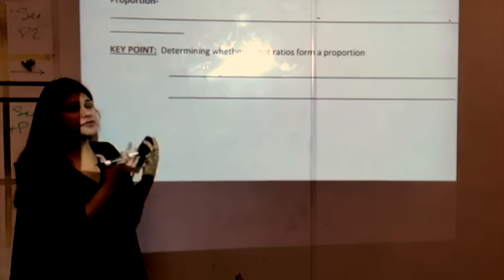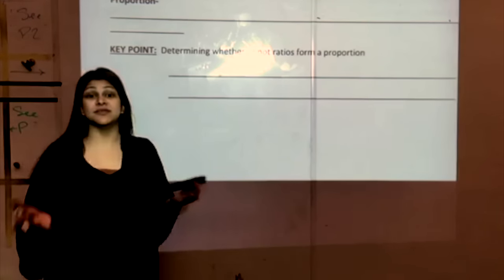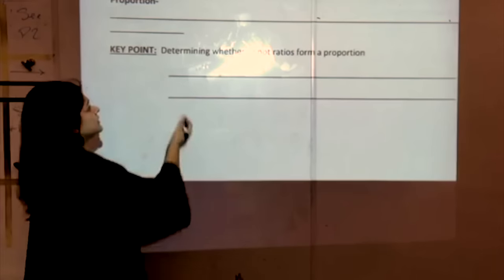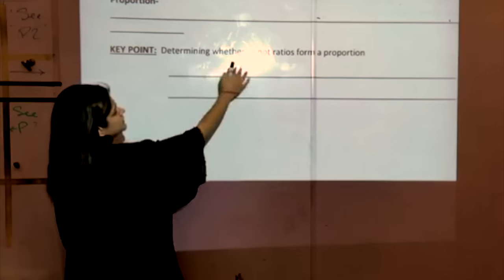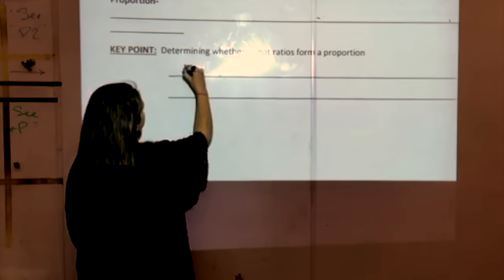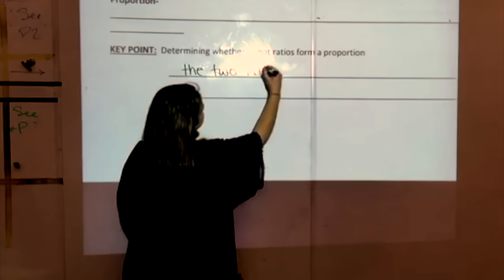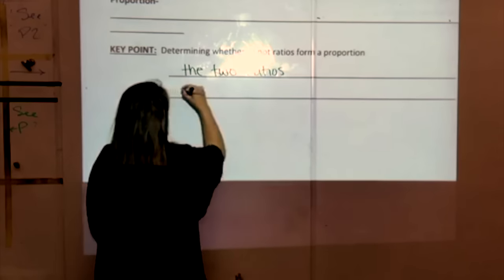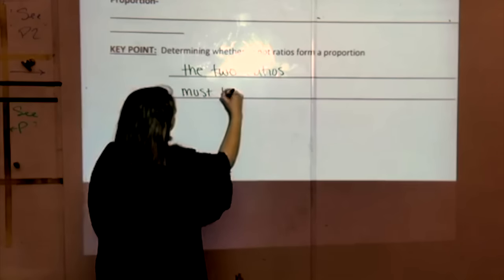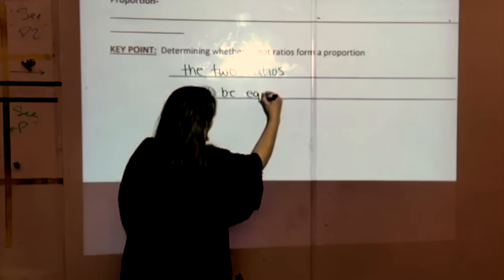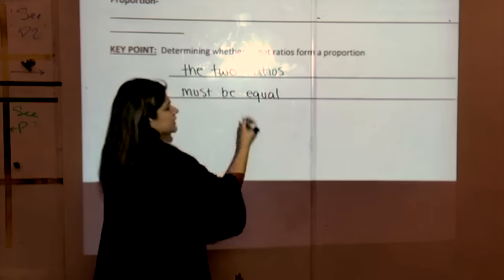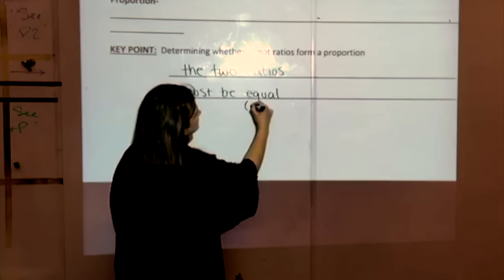If they are proportional, then they satisfy the equation, meaning they're balanced or equal. So if they are forming a proportion, the two ratios must be equal. Again, equal is another way to say proportional.